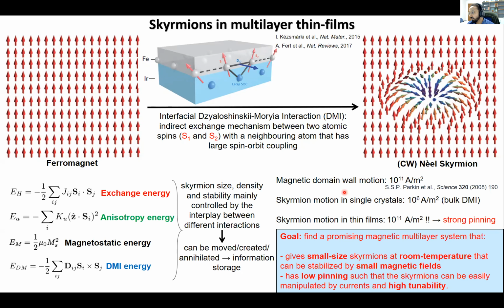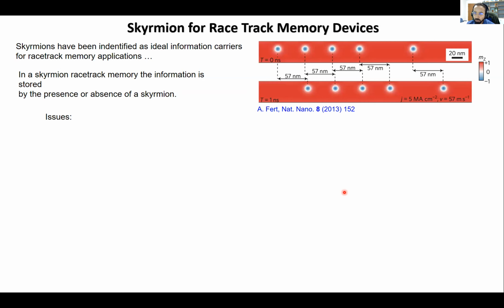Therefore, to achieve the goal of small size, room temperature skyrmions, which are stable at small magnetic fields and also highly mobile and highly tunable, there has been almost a big consensus on working on ferrimagnetic materials, or ferromagnetic materials operating near their compensation point, which would probably take away all the disadvantages that we were seeing in the ferromagnetic material.